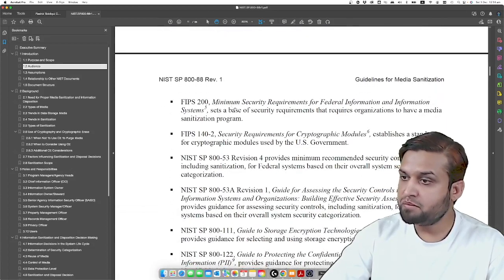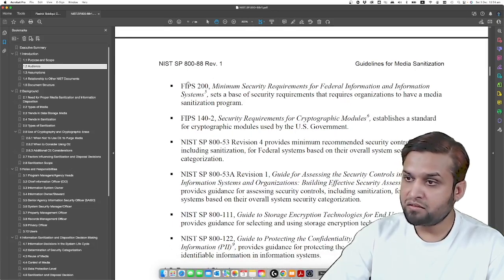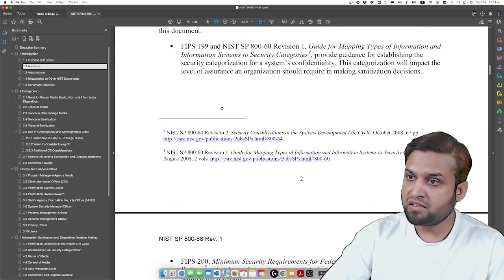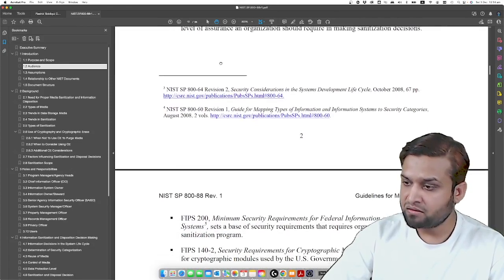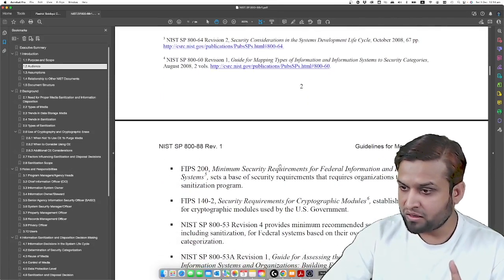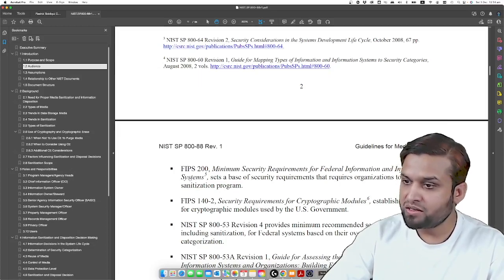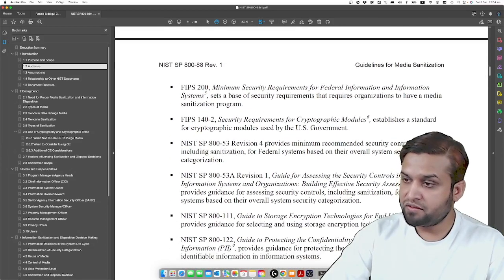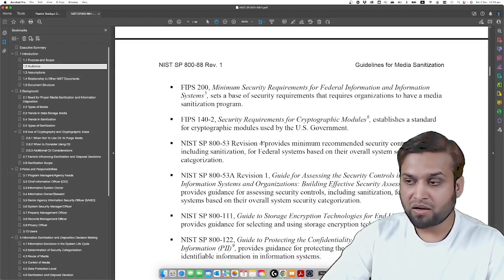FIPS 200 is the minimum security requirement for federal information systems. So wherever FIPS comes, keep in mind it is mostly for federal systems. Now FIPS 142 is the security requirement for cryptographic modules. NIST 853 I already said is in my past video.